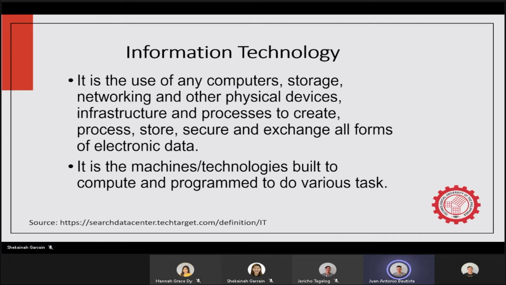So, information technology refers to the technologies where we collect or store all sources of data.